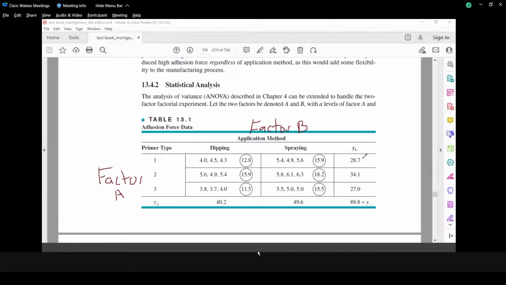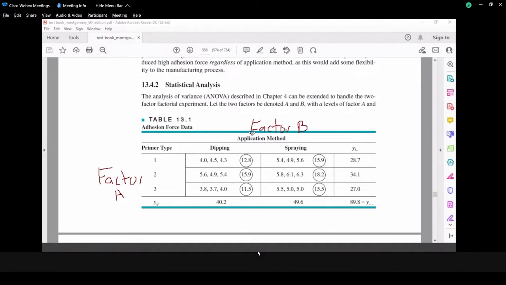This is the sum of the first row, the sum of the second row. The response is adhesion force.